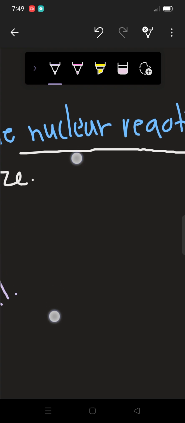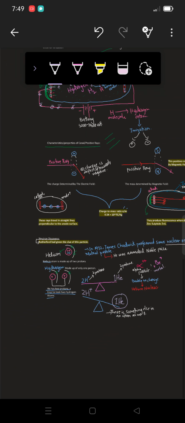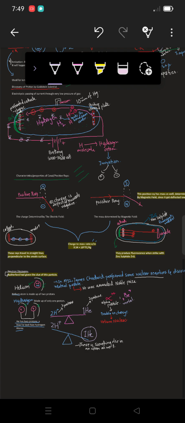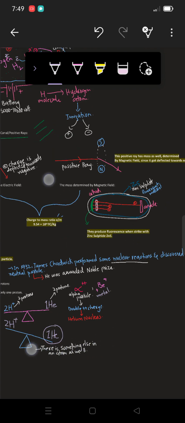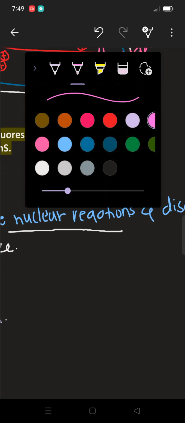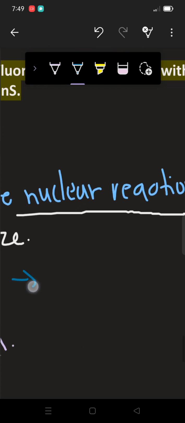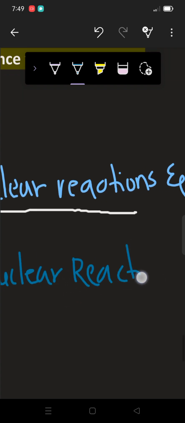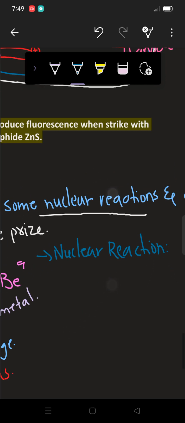Now let's do the reaction. What happened in the reaction? Okay, let me write the reaction here. Nuclear reaction. So as I told you, he took alpha particle, and I can also write here that alpha particle is helium.